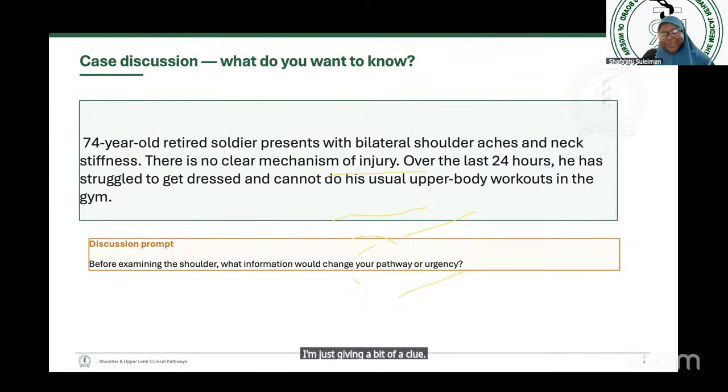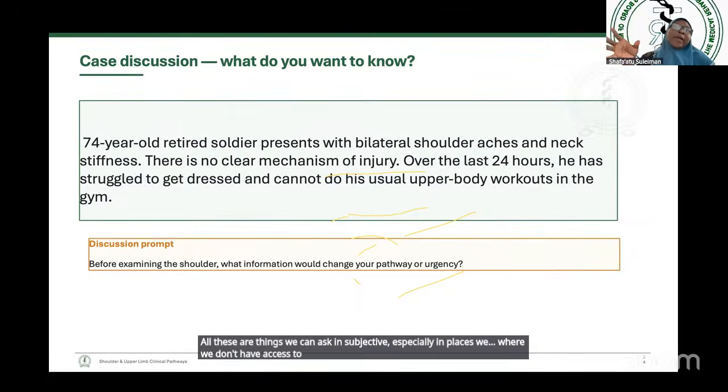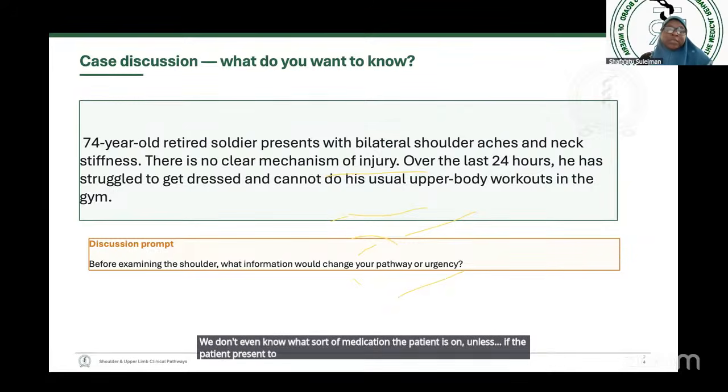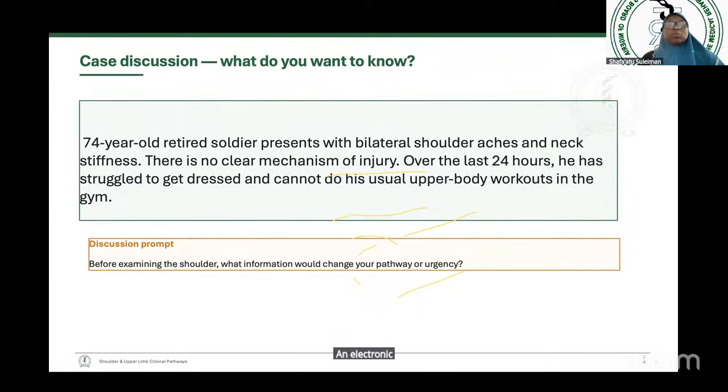All these are things we can ask in subjective, especially in places where we don't have access to the patient's information as a whole. Like in Nigeria, we don't even know what sort of medication the patient is on, unless the patient presents to us with it, because it's not an electronic system we are using.